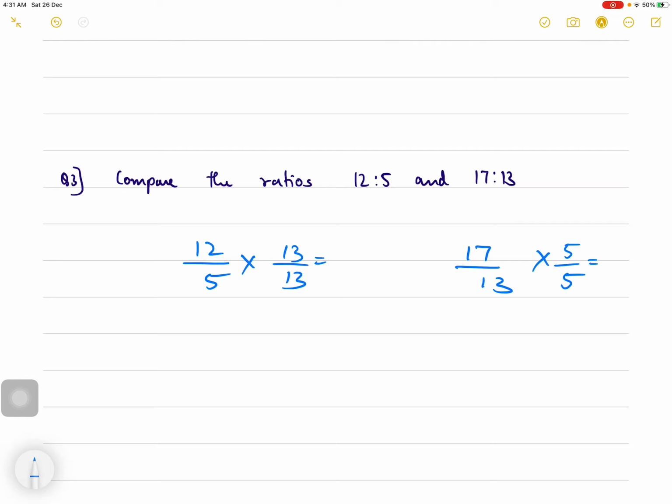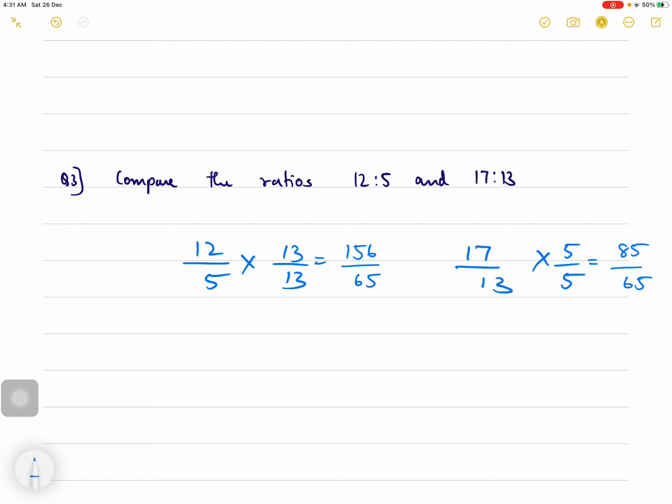So 12 into 13 comes to 156, and 5 into 13 comes to 65. And 17 into 5 is 85, and 13 into 5 is 65.